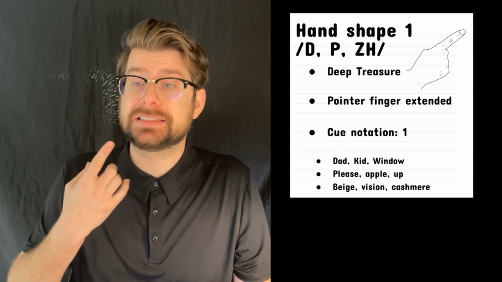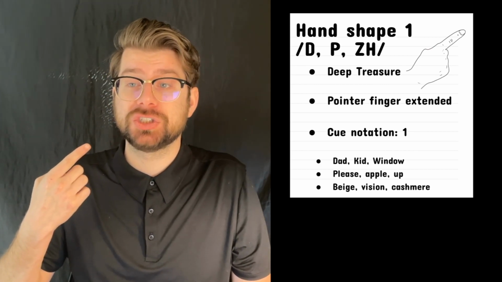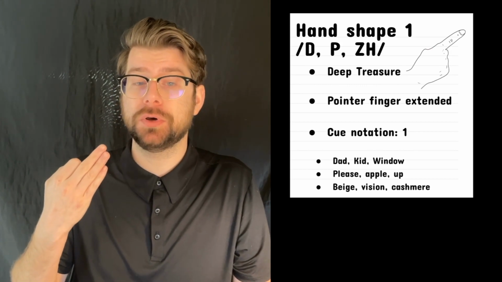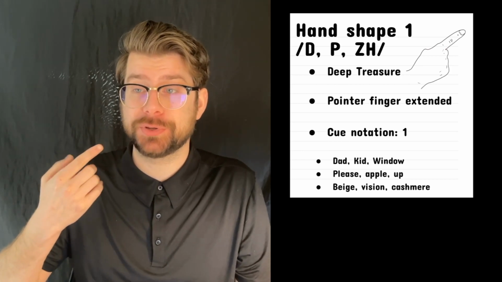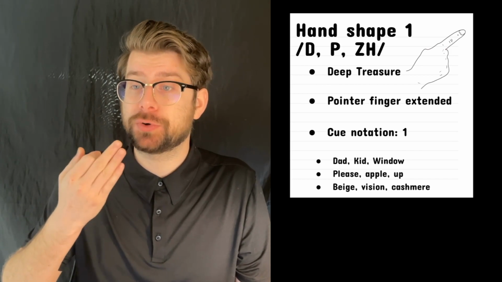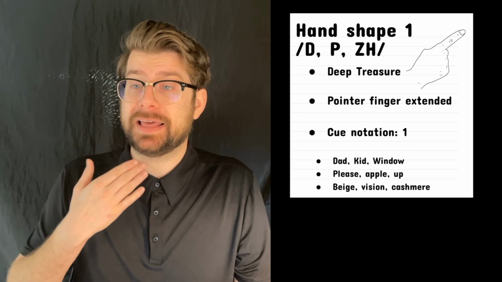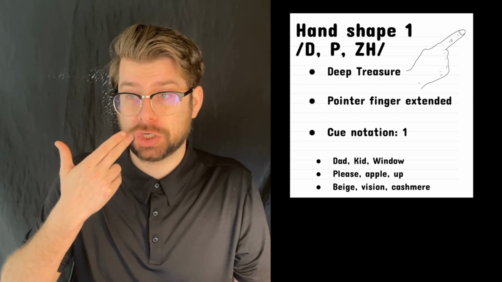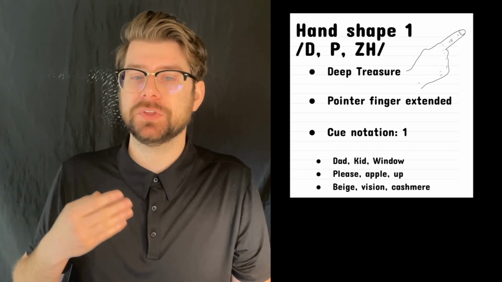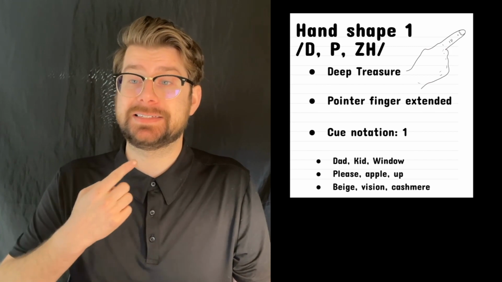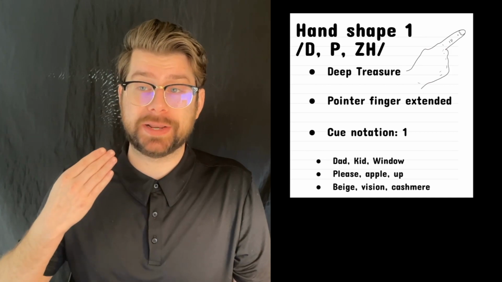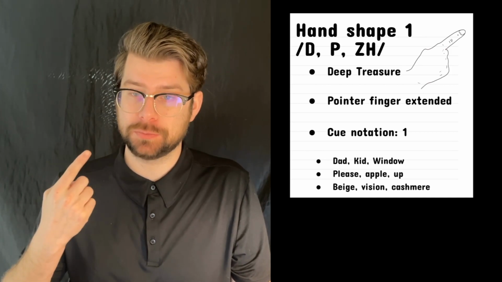Handshape 1 is the sounds p, d, and zh. So I use the phrase deep treasure, d, p, zh, to remember that. It is just the pointer finger, and the cue notation is 1. So some words are dad, kid, and window for the d sound.